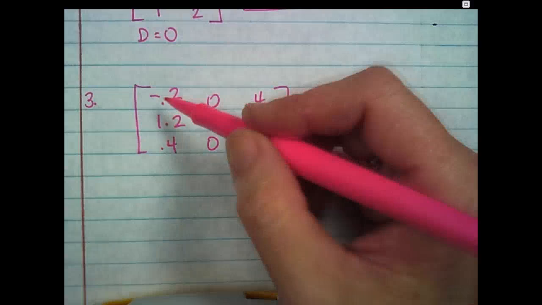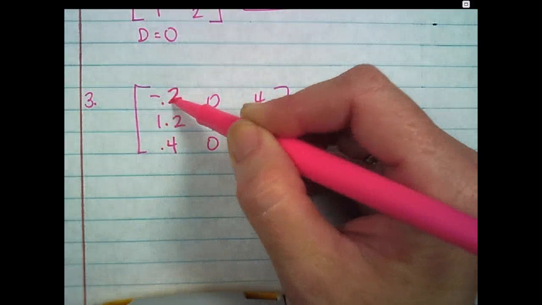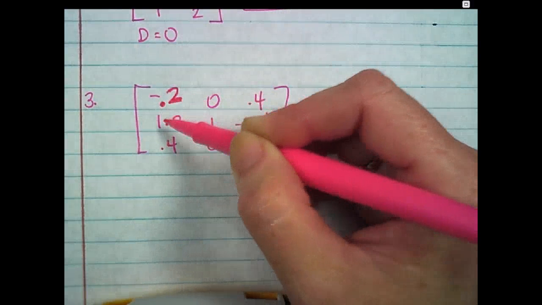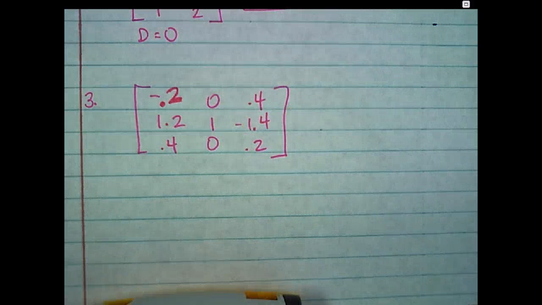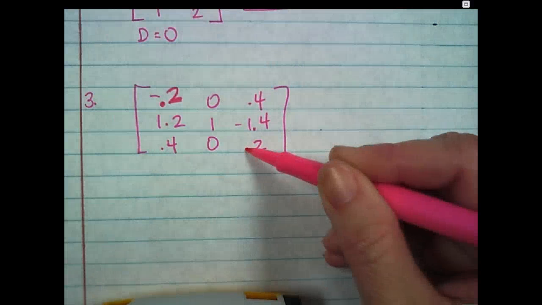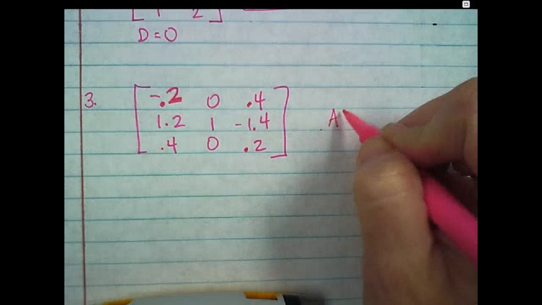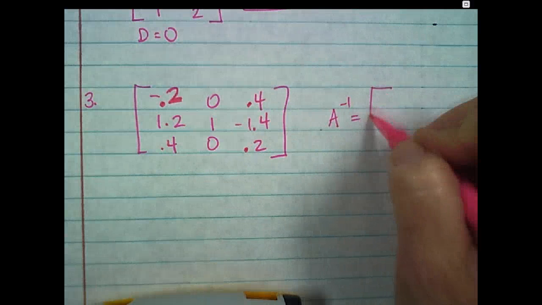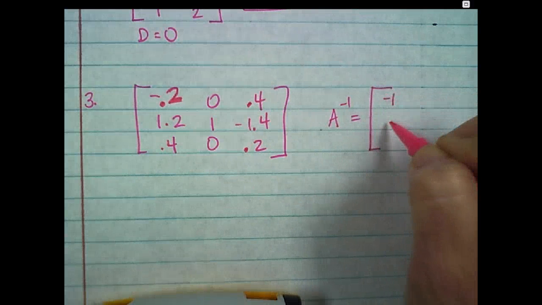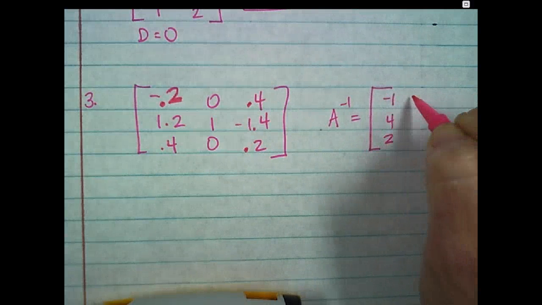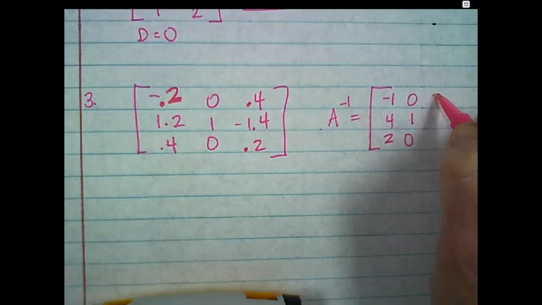Negative, that's -0.2, 1.2, 0.4, 0, 1, 0, 0.4, -1.4, and 0.2. See if it has an inverse. Now you're just kind of sharpening your calculator skills to make sure you remember how to do it.